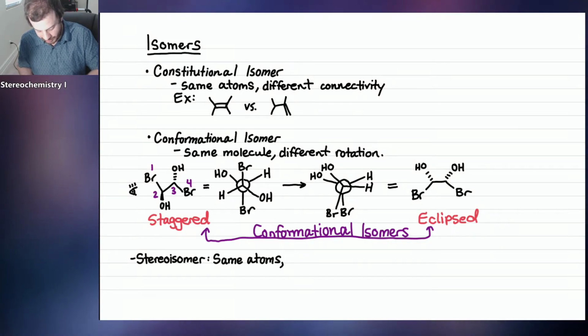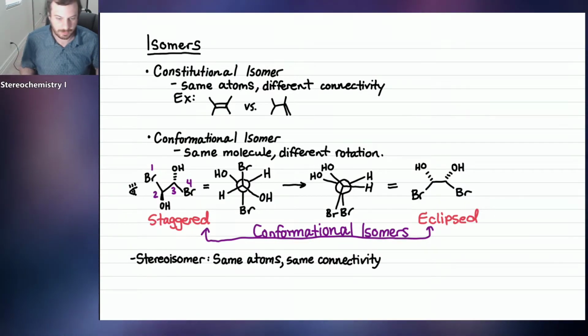So the same atoms, and they're connected in exactly the same way. Okay. The only difference is a slightly different 3D shape. So like the shape that the molecule takes up is a little bit different between stereoisomers.